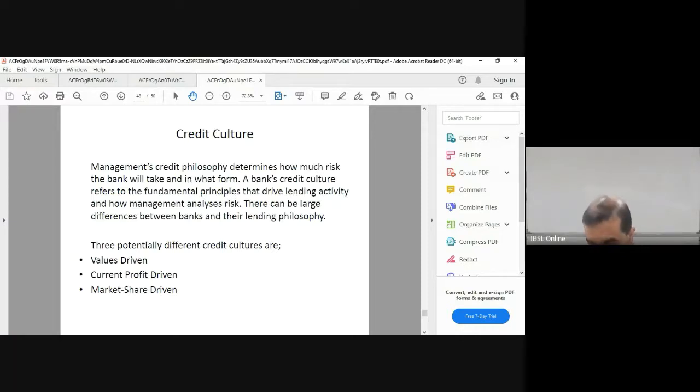Artifacts are the tangible things that you can see in an organization. Culture is a reflection of the thinking pattern of the top management and the top people of the organization.